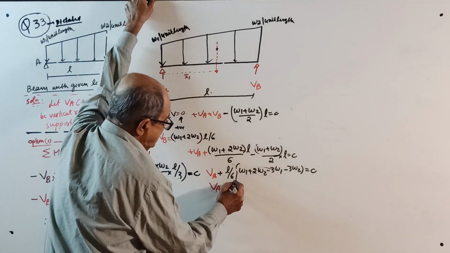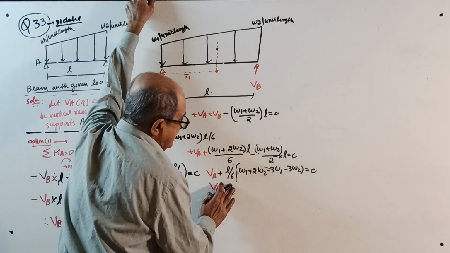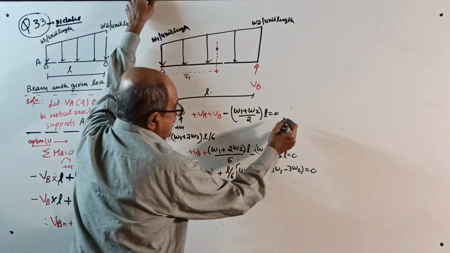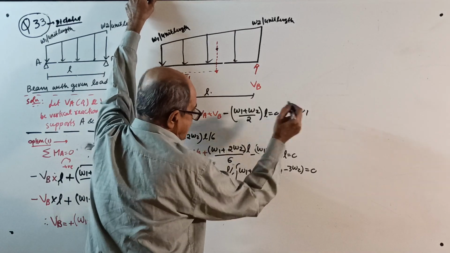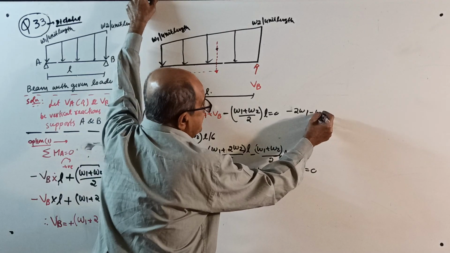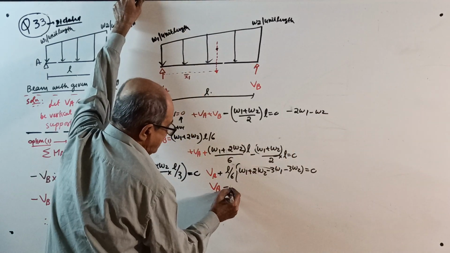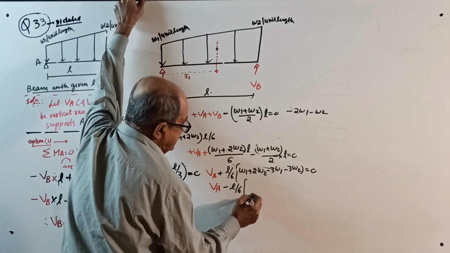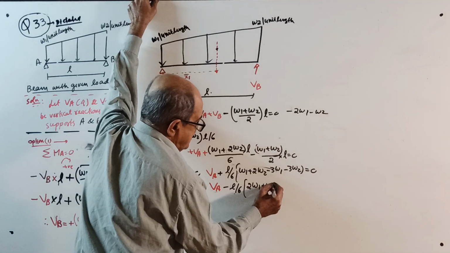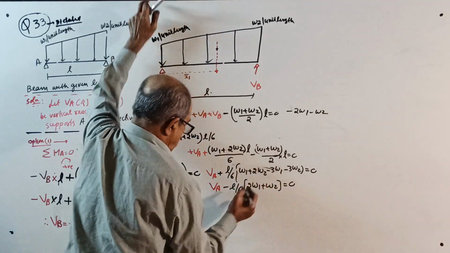The net answer is actually minus. W1 minus 3W1 is minus 2W1. Then 2W2 minus 3W2 is minus W2, or minus L by 6 outside times, I can put 2W1 plus W2 equal to 0.